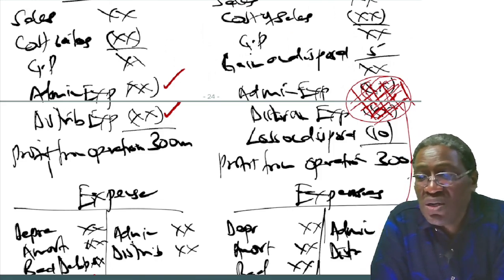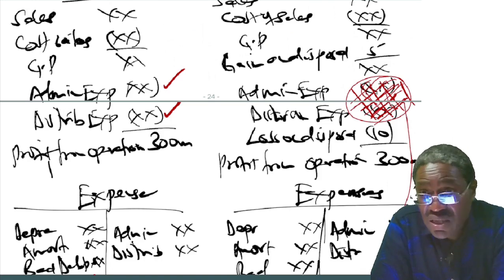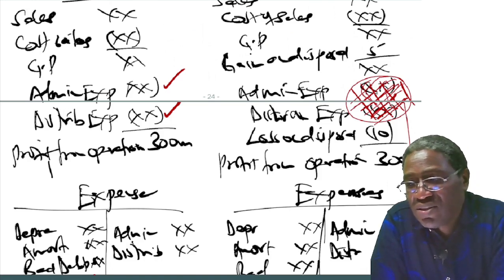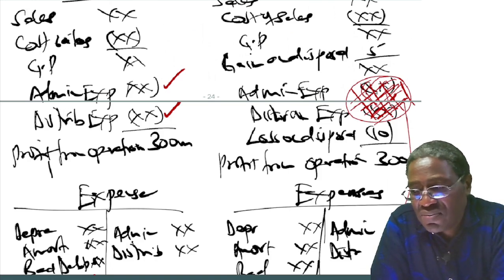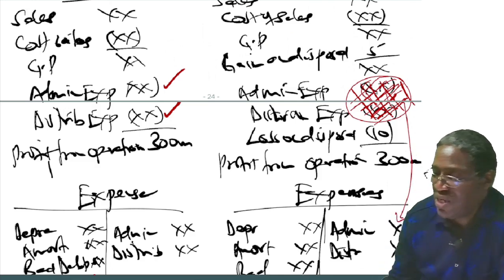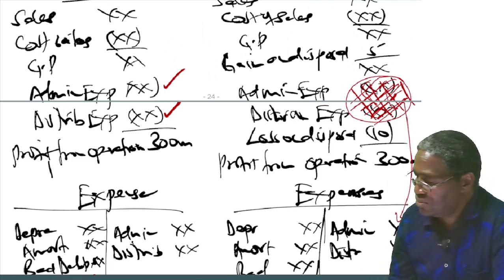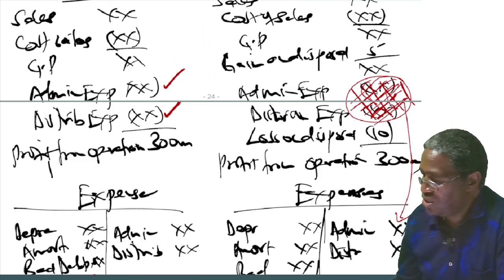Where did accountant A include it? Somebody give me a suggestion. Where do you think accountant A included the 5 million?